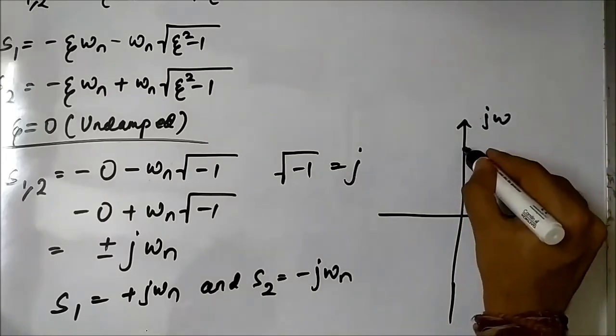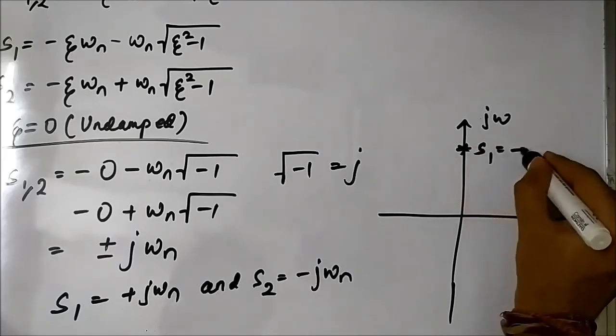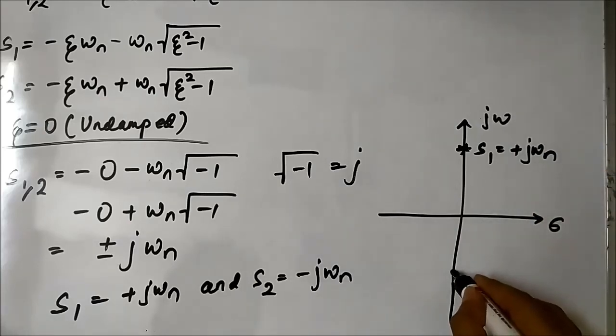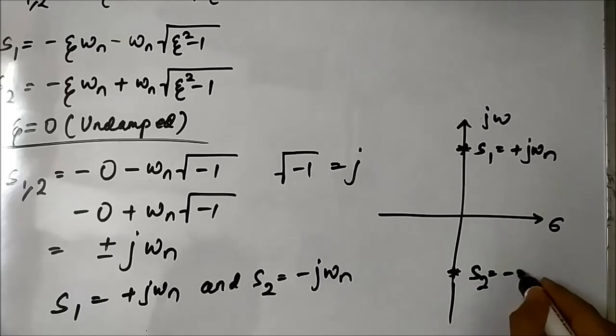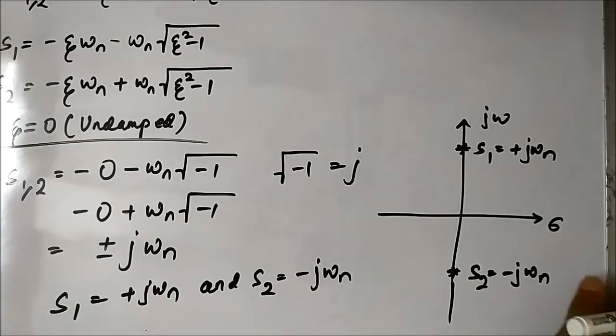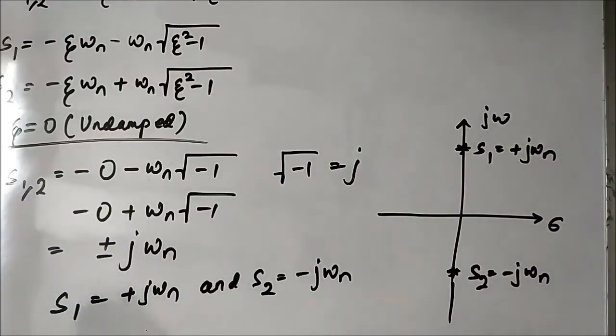Let's say this one is plus j omega n, and S2 is equal to minus j omega n. So this is about the undamped case of a second order system.